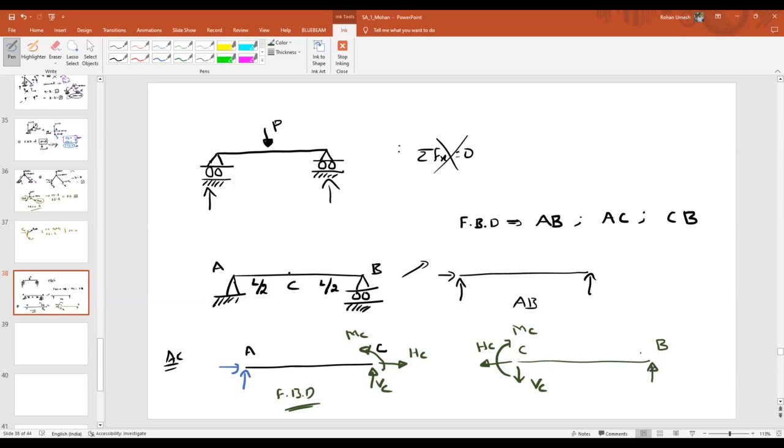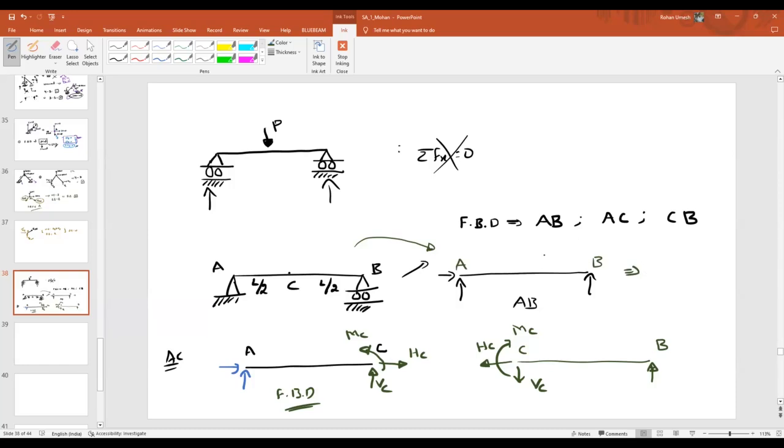And as usual at B, I will consider only the upward direction, one. Now, you can even understand the indeterminacy for each individual part. What is the indeterminacy for AC? One, sir. If I look at the free body diagram of the entire beam AB, is there any indeterminacy?